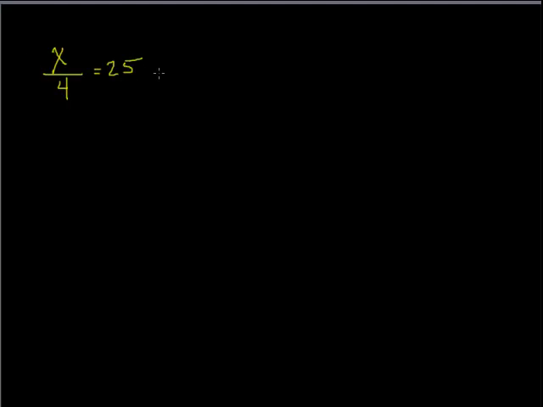In words, this equation is basically saying some number x divided by 4 equals 25. So our job is to figure out what number this variable x is. What value is x?